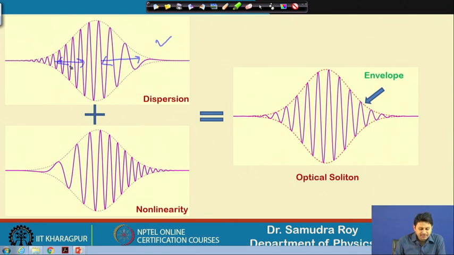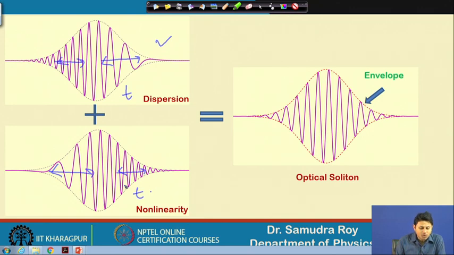But for nonlinearity, what one can do, that they can have a similar kind of pattern of chirping, but in the opposite direction. So, here in the leading part of the pulse we have small frequencies, and the frequency gets higher and higher in the later part of the pulse.